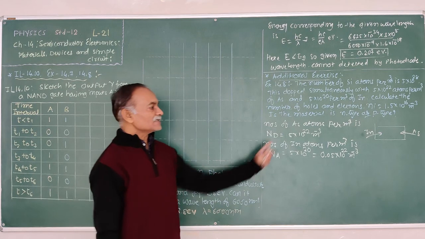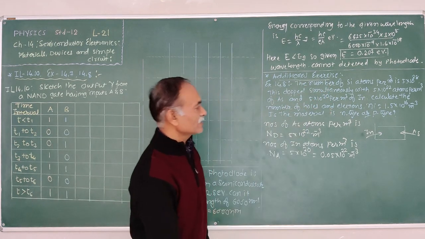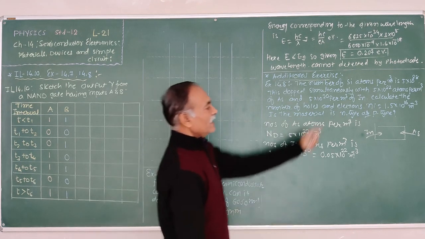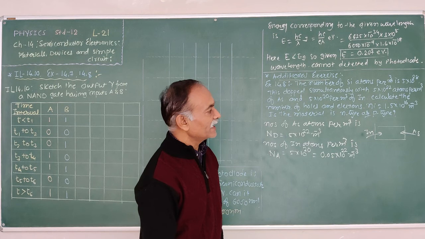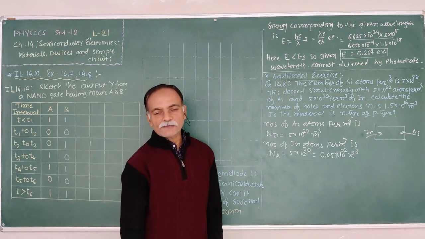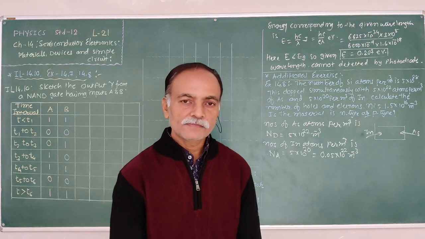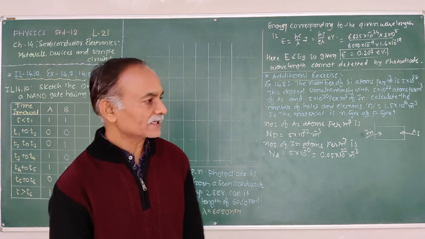Now, we have to find the number of holes and electrons. The Ni, the intrinsic charge carrier density, is given as 1.5 into 10 raised to 16 per meter cube. And after adding the arsenic and indium, whether this material is a P-type or N-type semiconductor, we have to discuss.